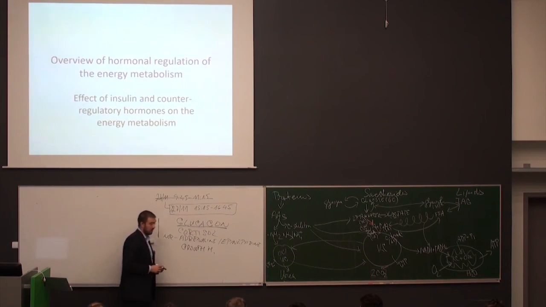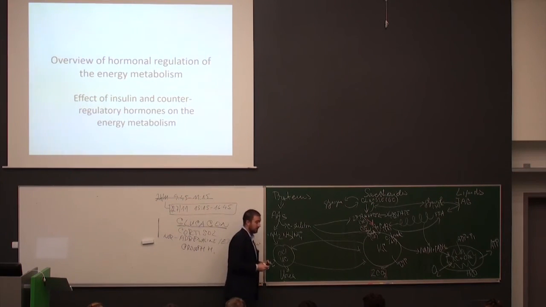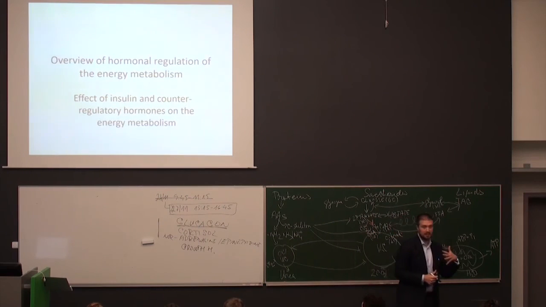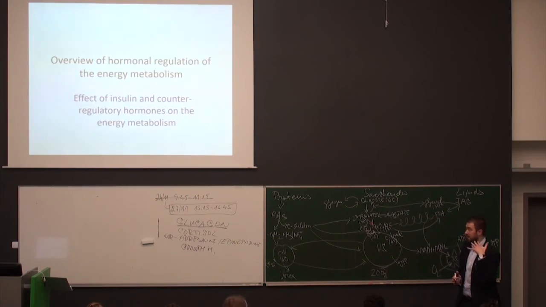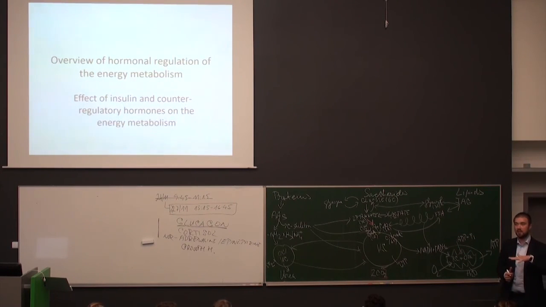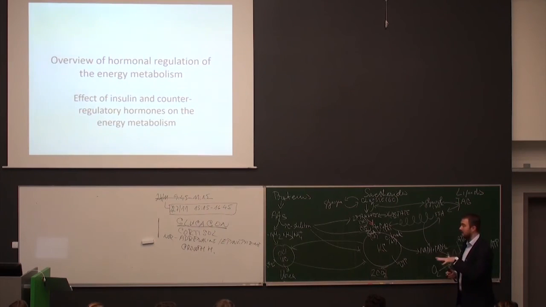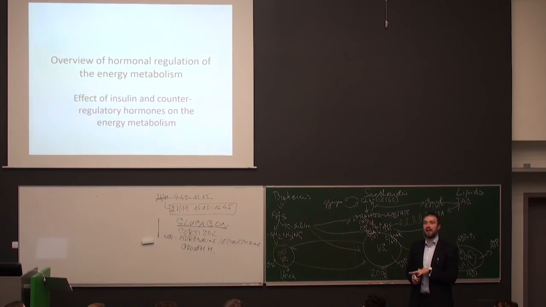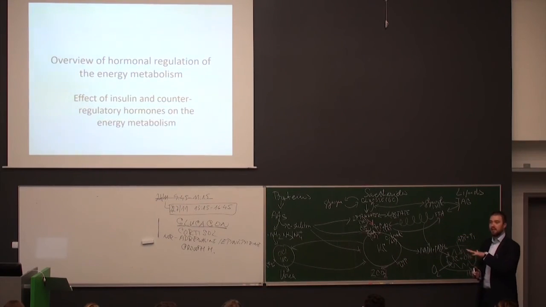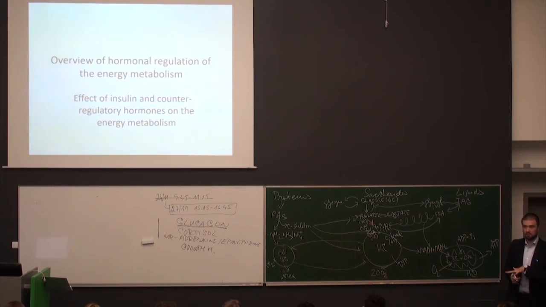All these hormones regulate our body energy metabolism, and you will hear during this course that glucagon is producing some second messenger in the cell and affecting this regulatory enzyme, or insulin is deactivating this regulatory enzyme.